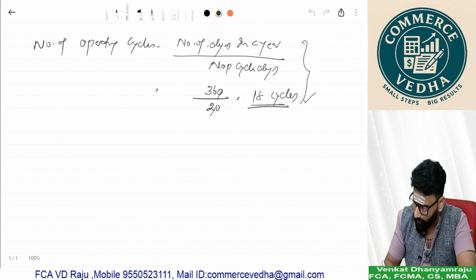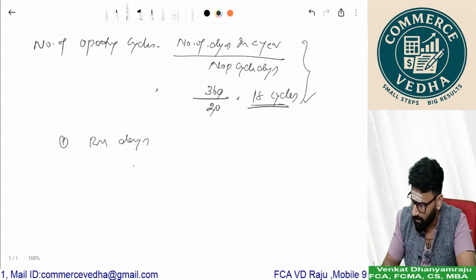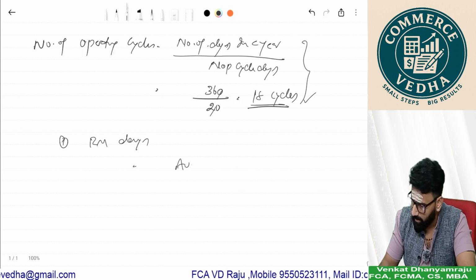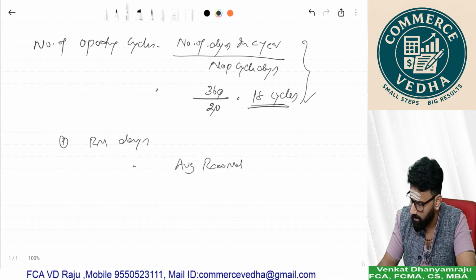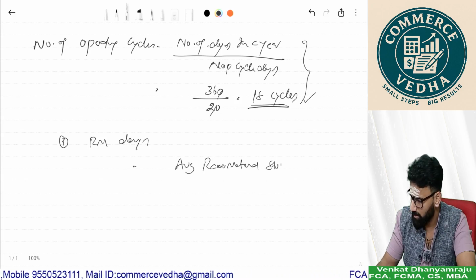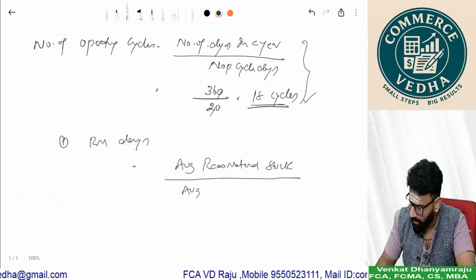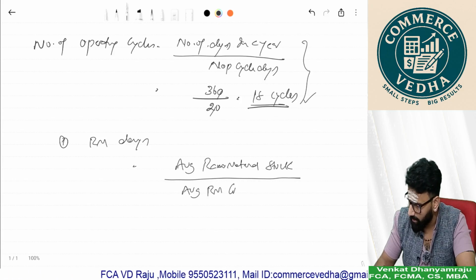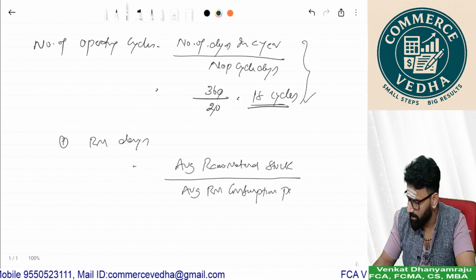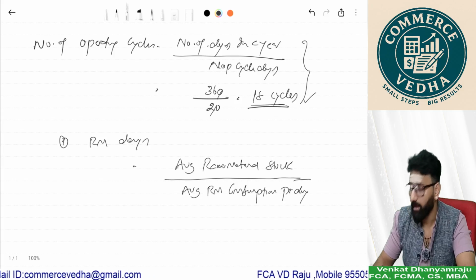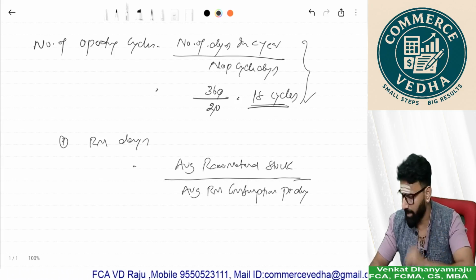Formulas are like this. Number one, raw material days: average raw material stock divided by average raw material consumption per day. Per day means average consumption per annum divided by number of days.